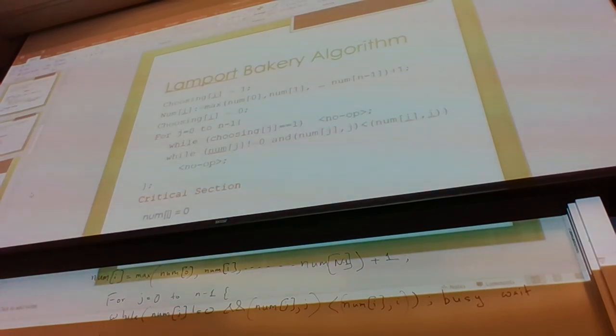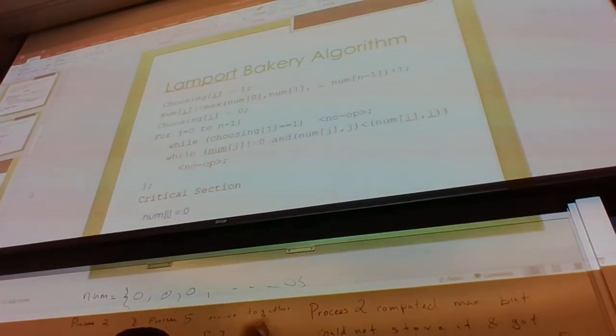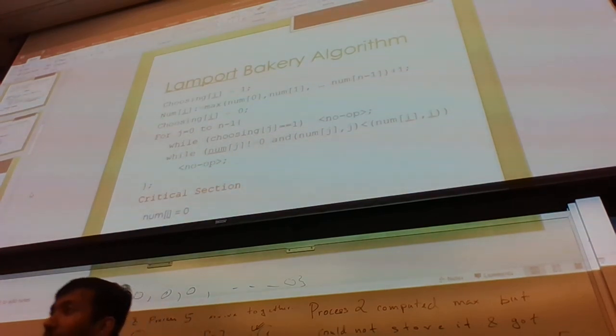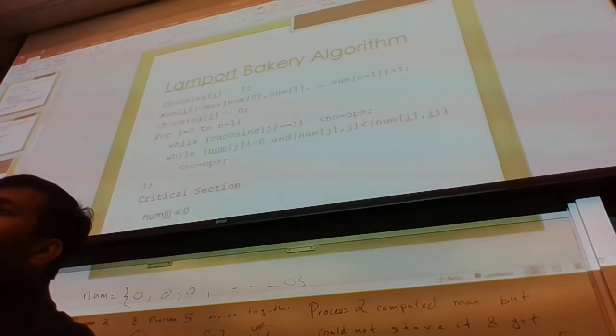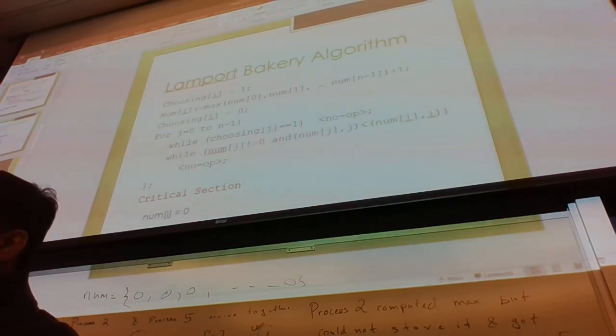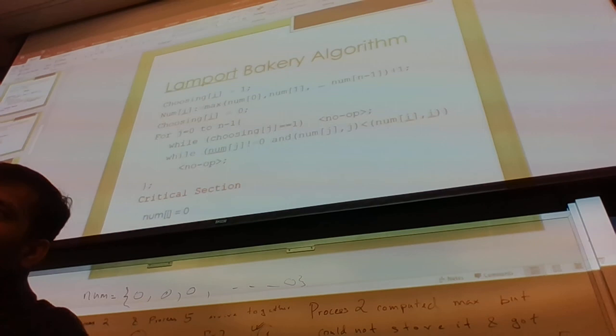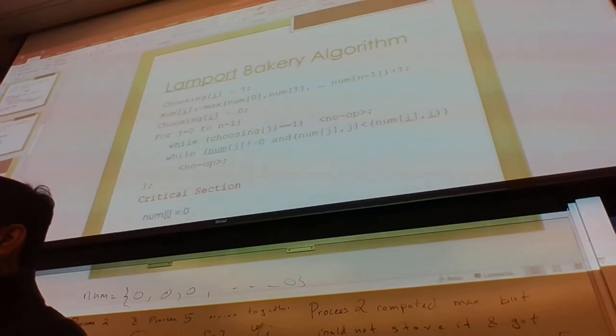So this condition that we stopped, this condition will be stopped. Why? Because if process 2 did not store the value in num, process 5 will be blocked. It will not go and execute the critical section. So this case is solved by using choosing.